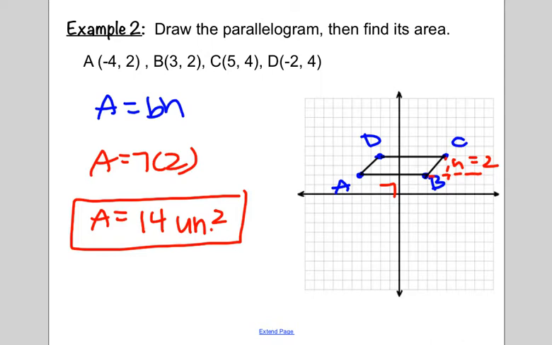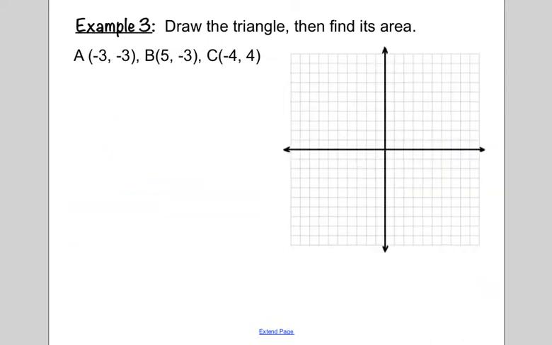Example 3. Draw the triangle, then find its area. So we have A is negative 3, negative 3. B is 5, negative 3. And C is negative 4, 4.